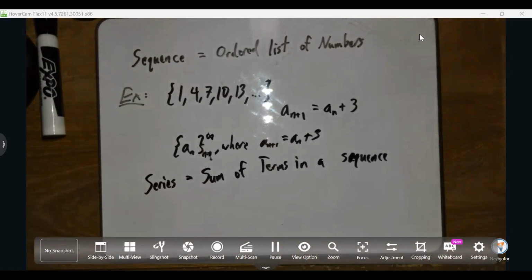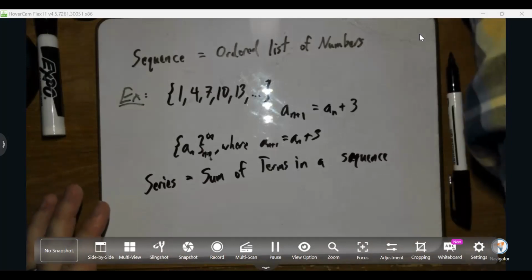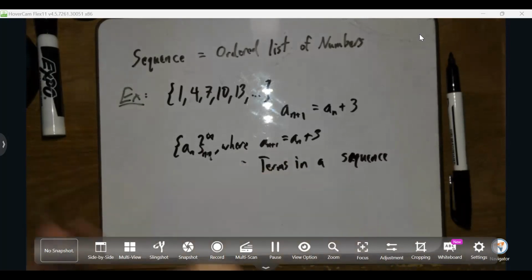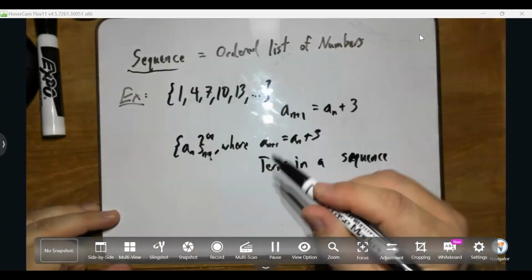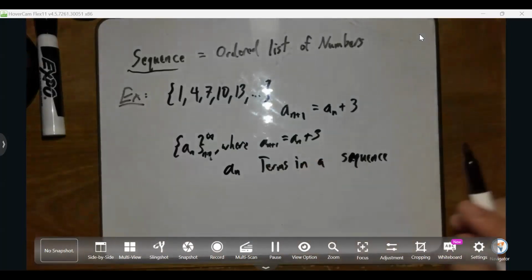We'll get into the notation more, but that kind of gives you the idea of how you might represent these things. Okay, so we're focusing on sequences here, right? The a sub n are the terms in the sequence.